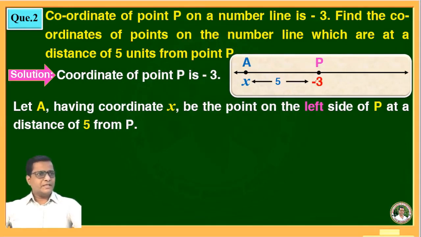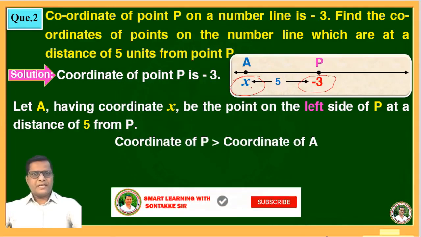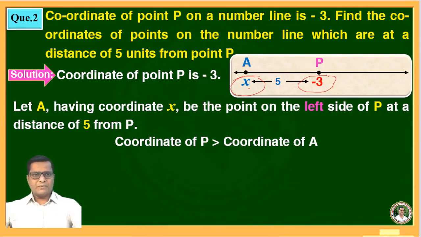Here if you will see, the coordinate of point P is minus 3 and coordinate of A is x. Now A is to the left side, therefore coordinate of P is greater than the coordinate of A. Then we know that when we find the distance between any two points, it is the greater coordinate of the point minus the smaller coordinate of the point.